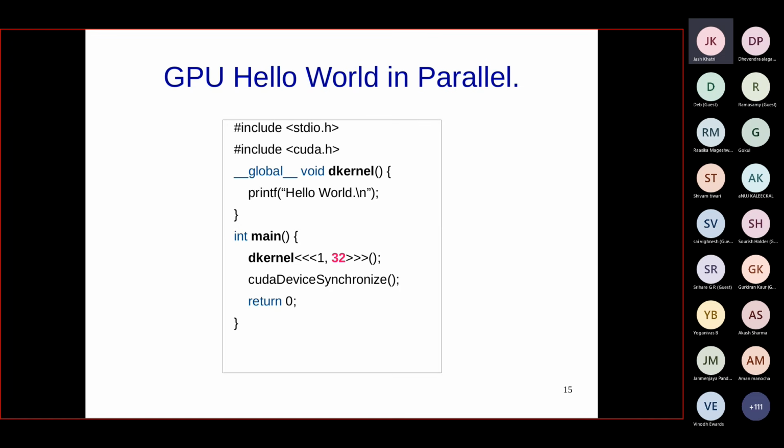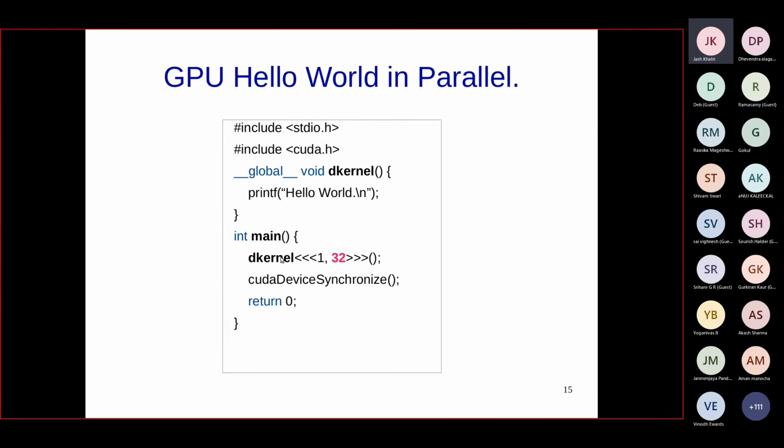It's quite simple. We just need to change one thing, which is the number of threads, and we know how, as I explained, because the two parameters that we are passing to the kernel denote the number of threads with which we are launching it. So if we write 1 comma 32, it denotes that we want to launch the kernel with a single block and 32 threads inside that block.